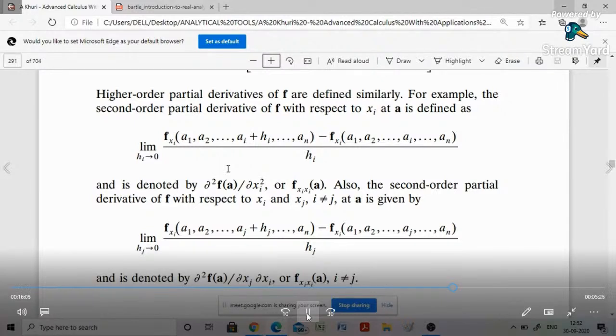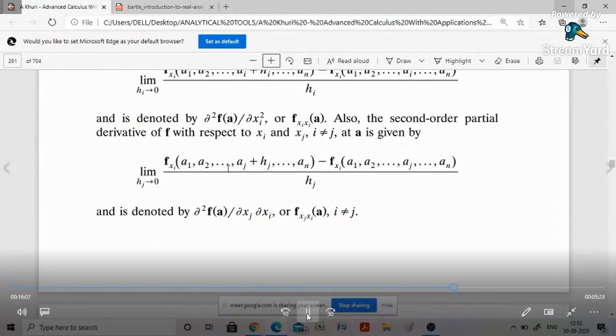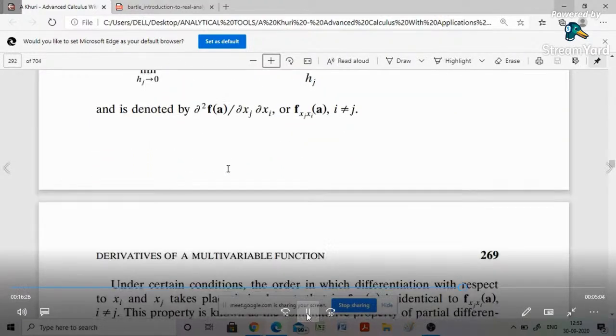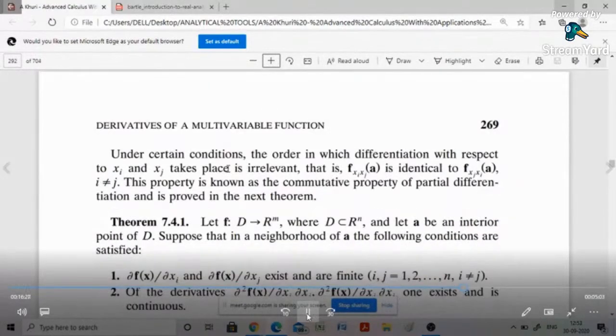So that is denoted as the second partial derivative ∂²f/∂xj∂xi, or it can be denoted as fxixj(a). I noted in the previous case it is denoted as ∂²f/∂xi², or fxixi(a). So these are the first and second partial derivatives.